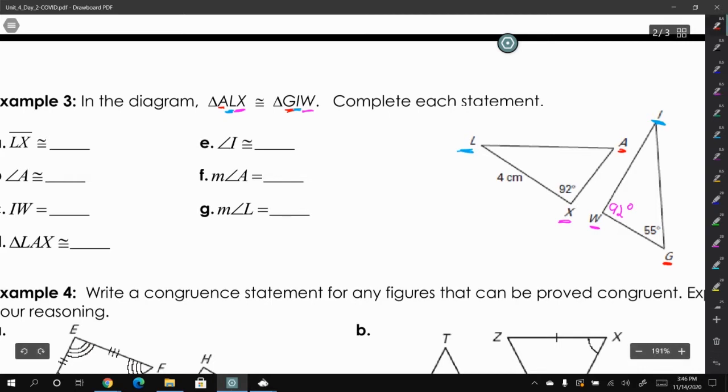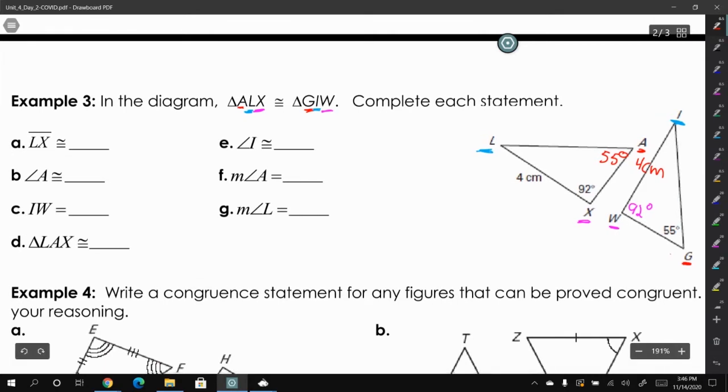If angle G is 55 degrees, that means angle A is also 55 degrees. And if the distance from L to X is 4 centimeters, that means the distance from I to W is also 4 centimeters.